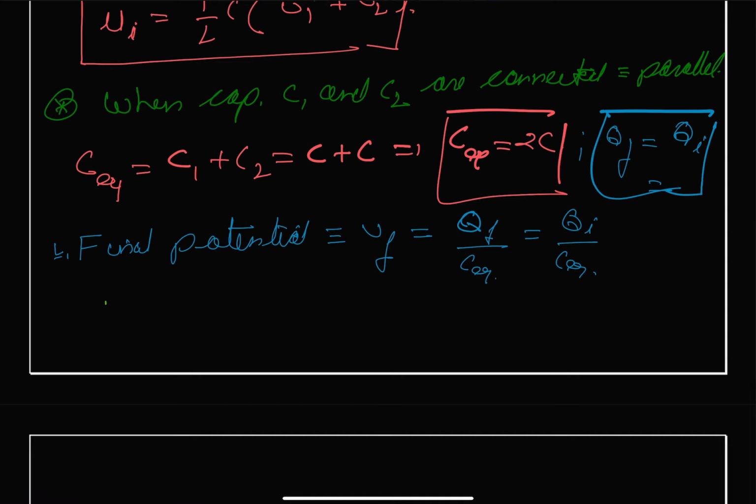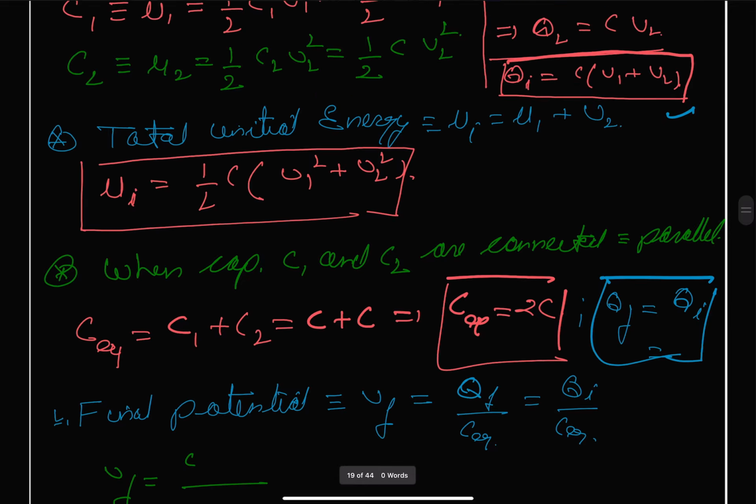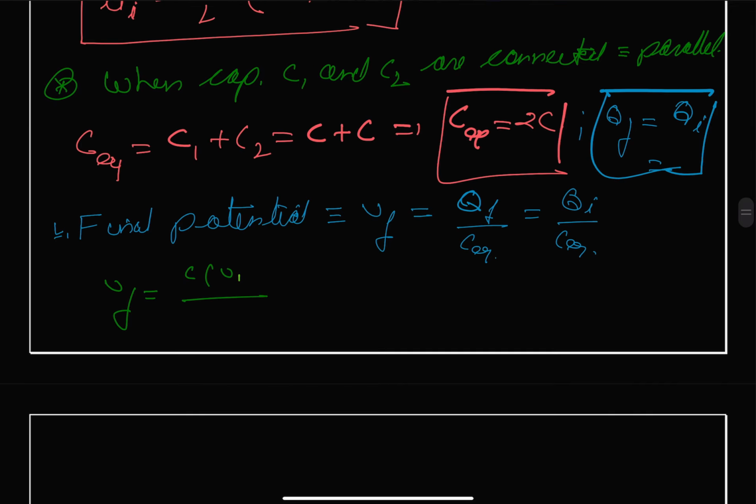Q initial is our C times (V1 plus V2), and C equivalent we found out is our 2C, and here the C and C cancel out, therefore our final potential will be equal to (V1 plus V2) divided by 2.